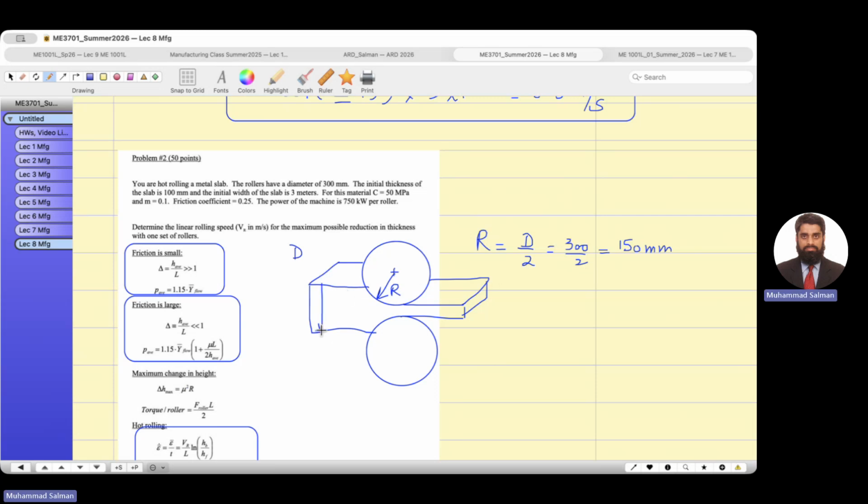The initial thickness of the slab is given. This is final thickness, 100 millimeter initial width. This is my width.